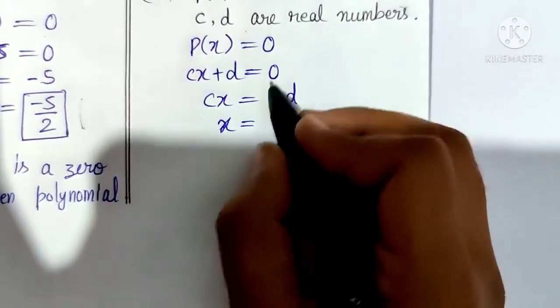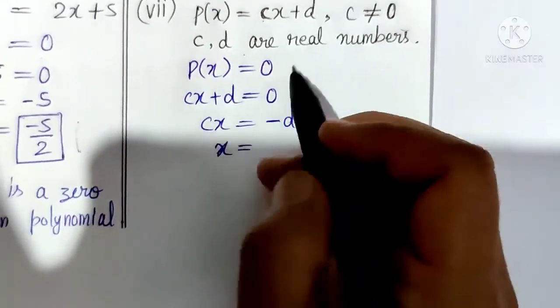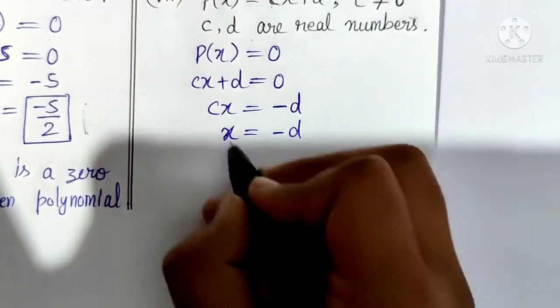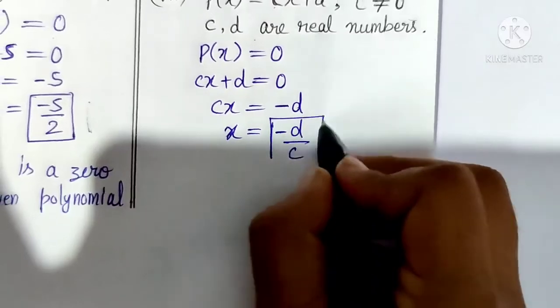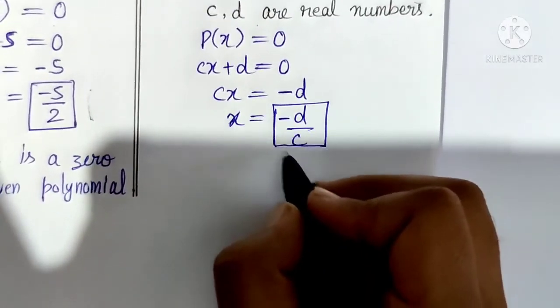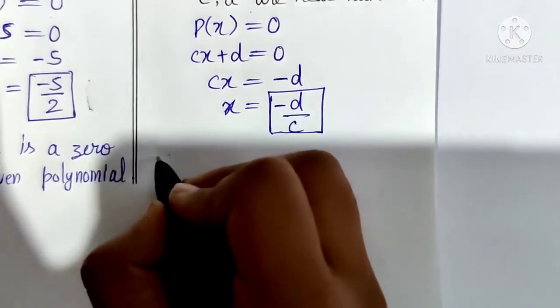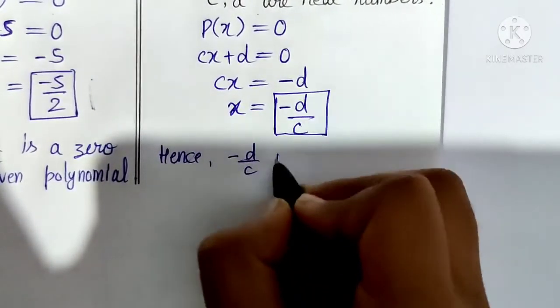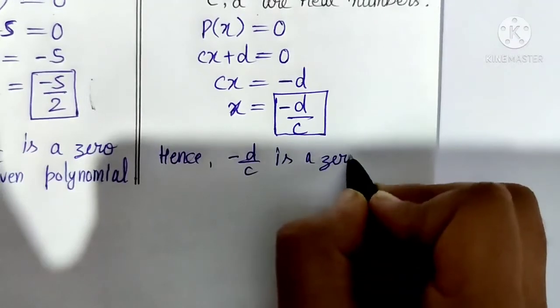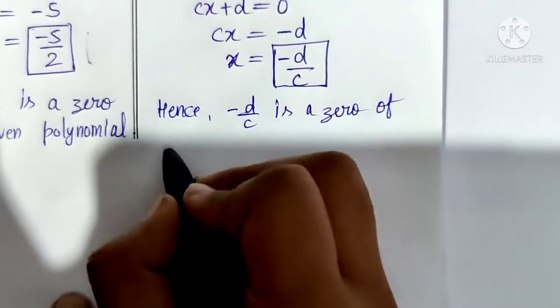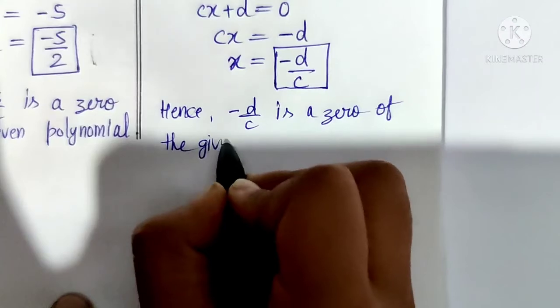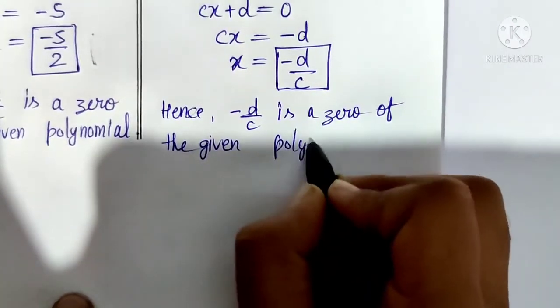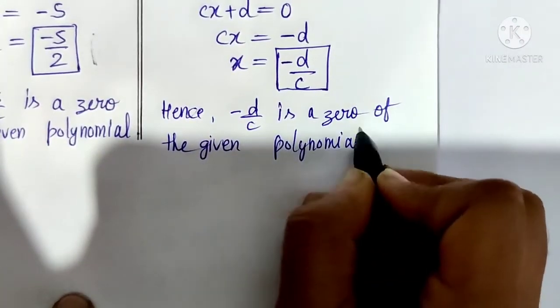This c is not a variable here because they said c and d are real numbers, so minus d will remain here and this c will come down, so it becomes minus d upon c. This is the value of x, so hence minus d upon c is a 0 of the given polynomial.